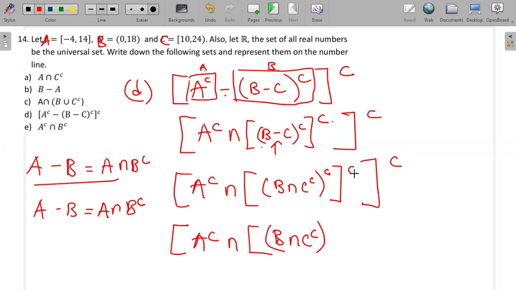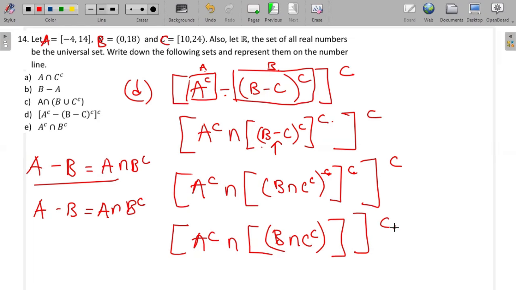And then this complement outside, we distribute it to whatever we have in these brackets. So complement and complement, they cancel, so it will just remain the way it is, and then C. And then from there, which one should we distribute? So here we can distribute this guy now.